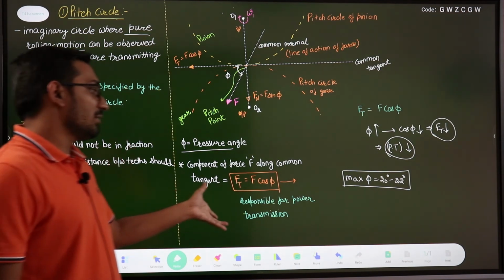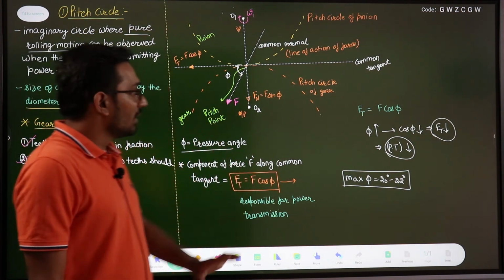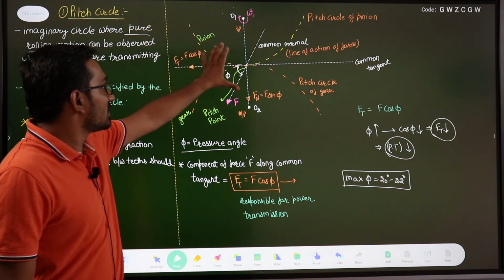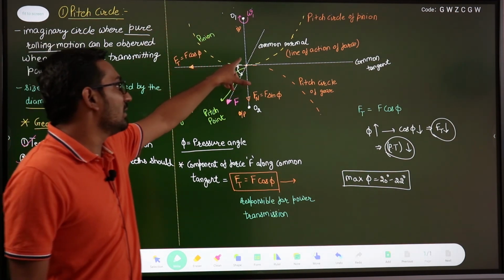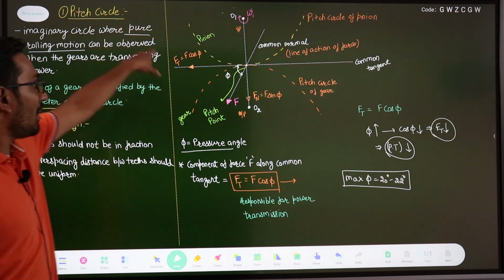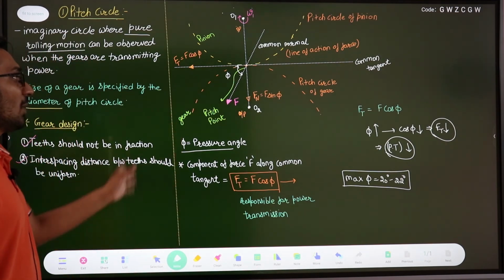You cannot increase phi more than that. This is the basic gear design. Just remember this diagram because every time we need it in gear analysis. Now, this is the thing about the pitch circle.